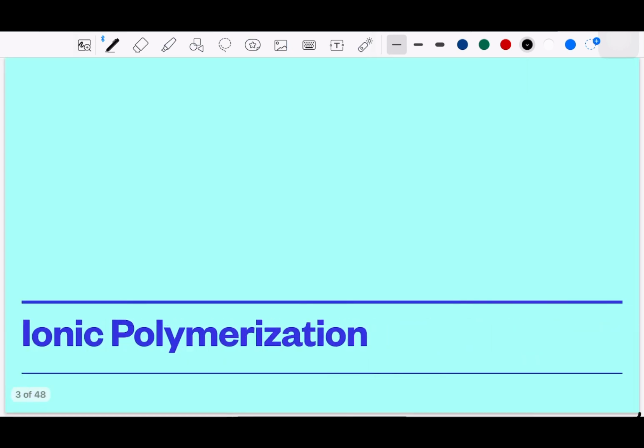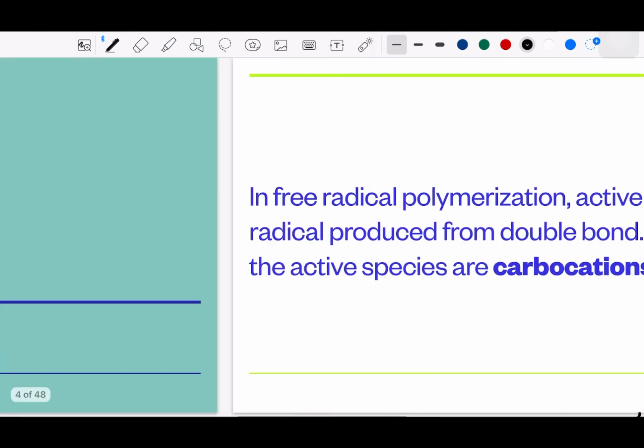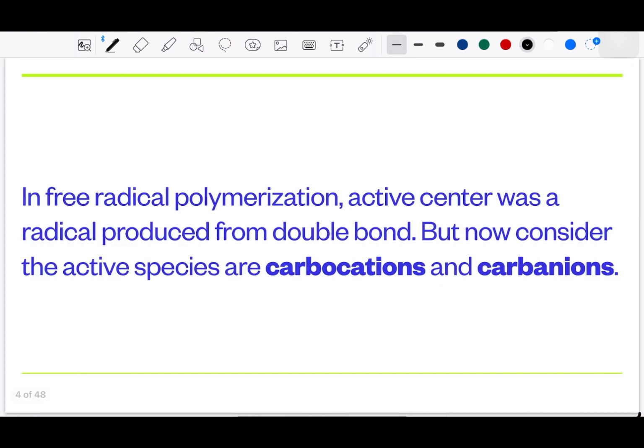So the ionic polymerizations, as the name suggests, are polymerizations based on ions. If you remember, in chain growth we focused on the radicals, and now we focus on the ions. The active center in free radical polymerization, we remember, mostly comes from the monomer at the double bond, right?